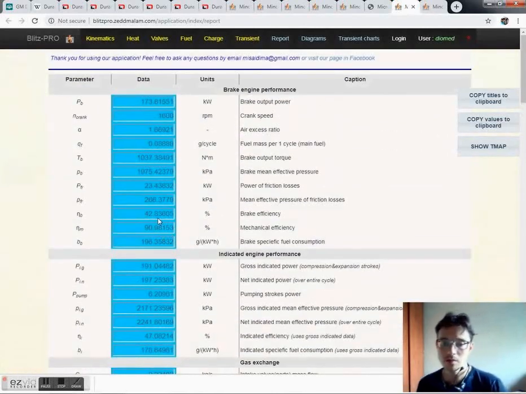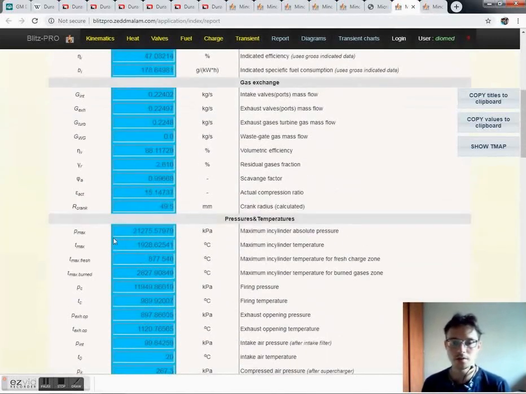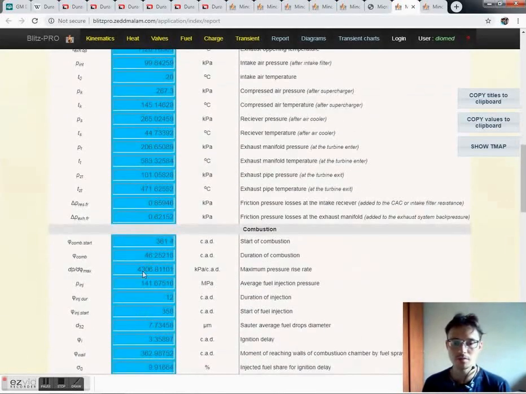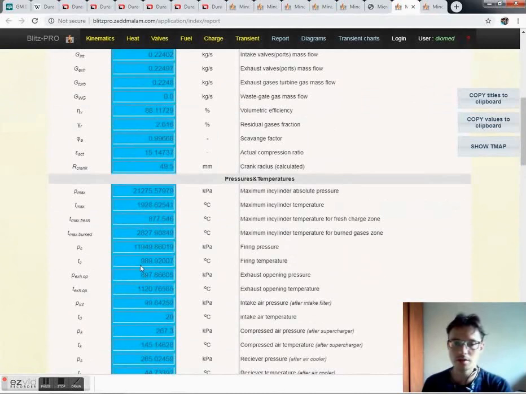So as we can see, this triple injection makes the engine operation almost as efficient as the single injection, but of course the values of maximum pressure and the maximum pressure rise rate are significantly smaller: 4 times smaller for the pressure rise rate, and up to 3 megapascals smaller for the maximum pressure.